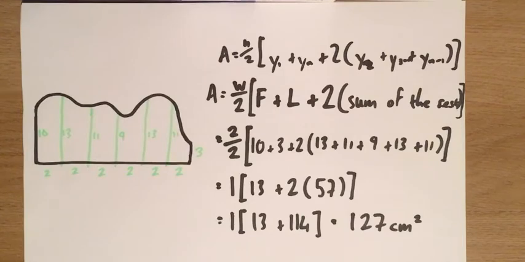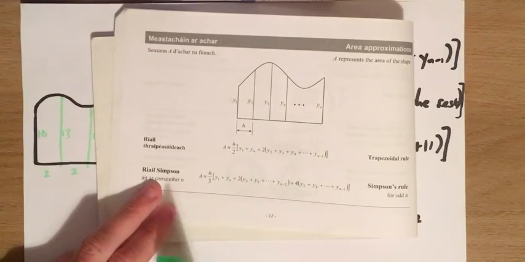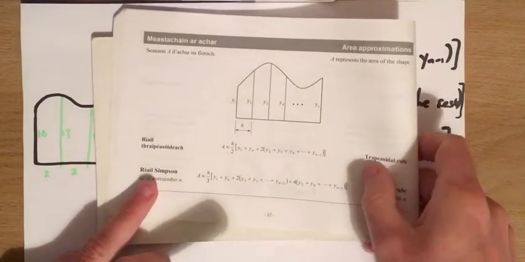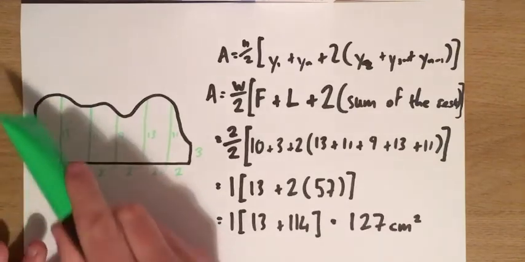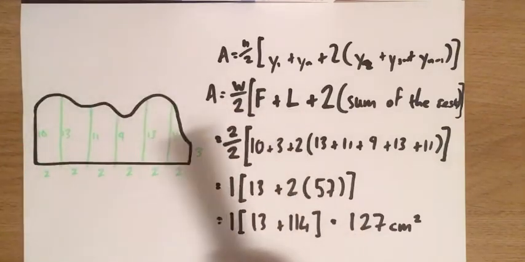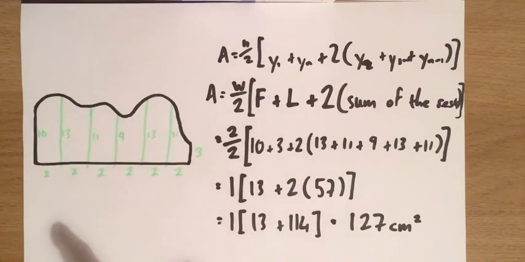It's not the exact answer. The trapezoidal rule does give us an estimate rather than the exact answer. That's why it's got this squiggly approximately equal to sign in the formula. So you don't need to worry too much about that. This will already be done for you in the question, but just know that the more strips you split it up into and the narrower they are, the closer your answer will be to the actual answer.